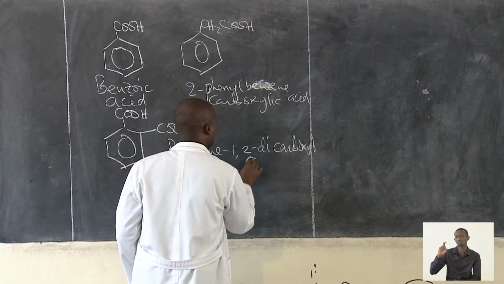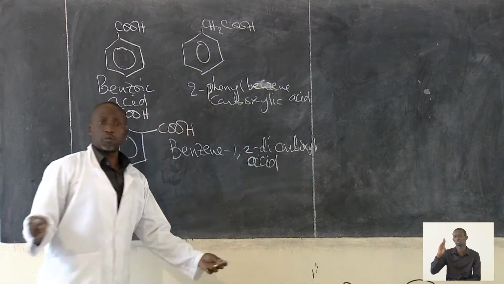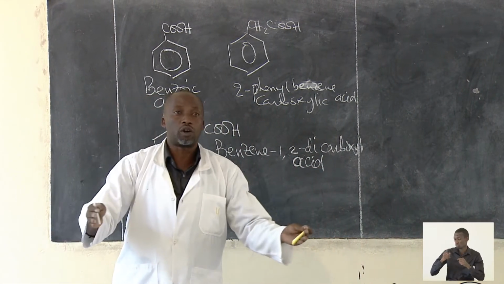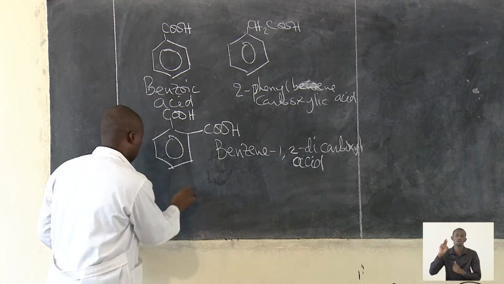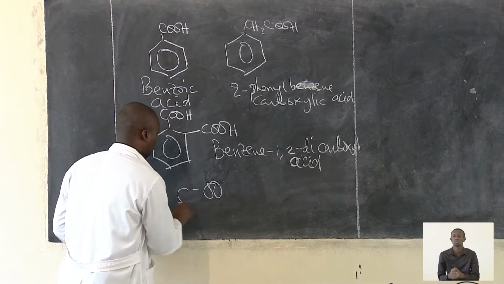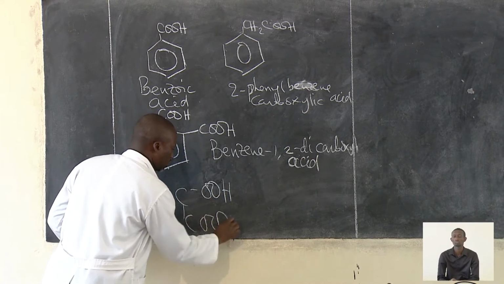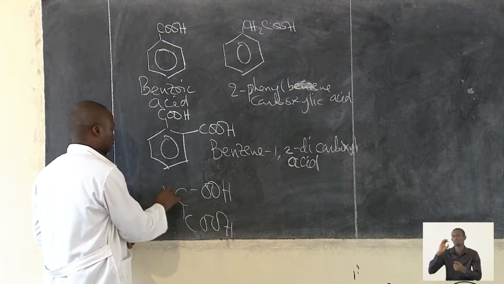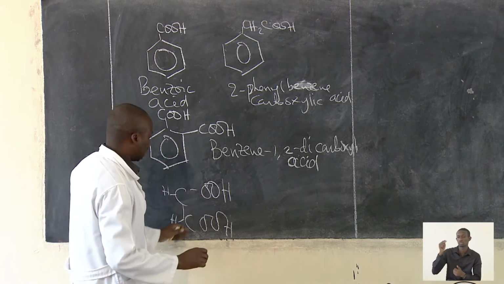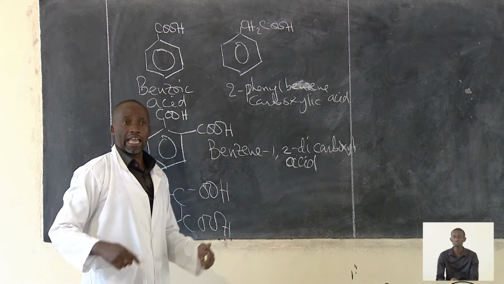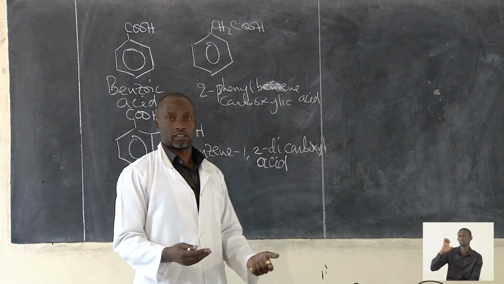Much as you may have some of the aromatic carboxylic acids, you may have this compound, COOH, and then you may have also COOH. So this is H, and this is H. This is a dicarboxylic, but this is an aliphatic compound.